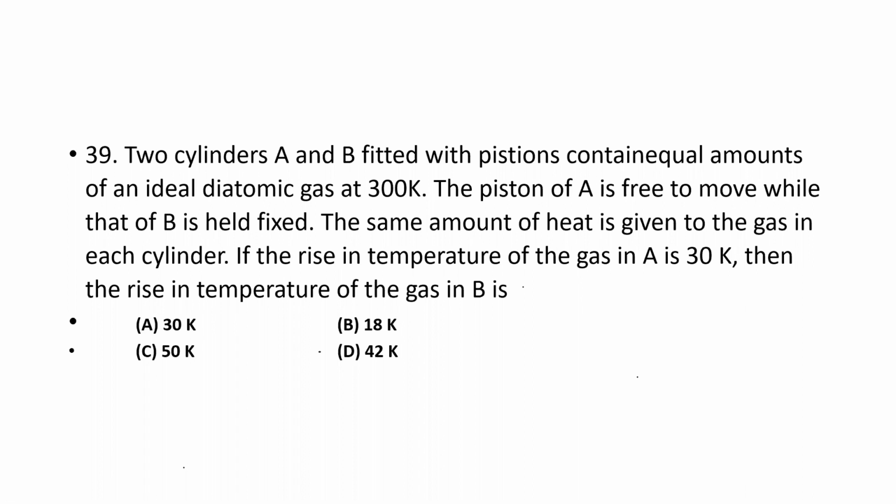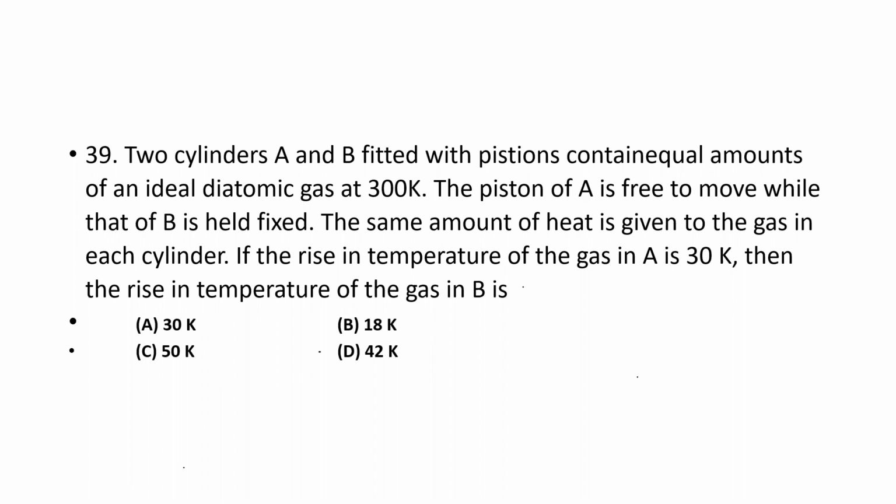The same amount of heat is given to the gas in each cylinder. If the rise in temperature of the gas in A is 30 Kelvin, then the rise in temperature of the gas in B is.